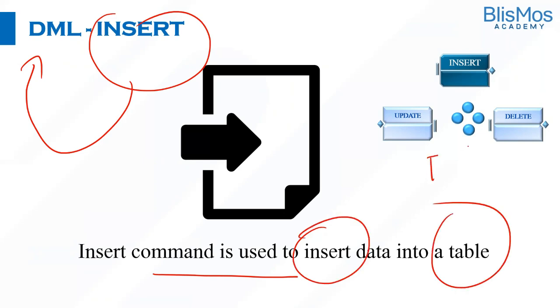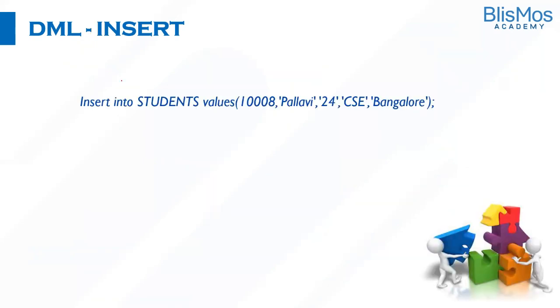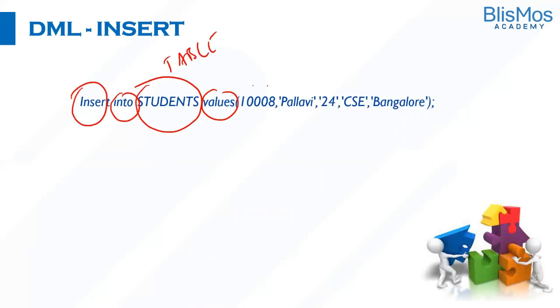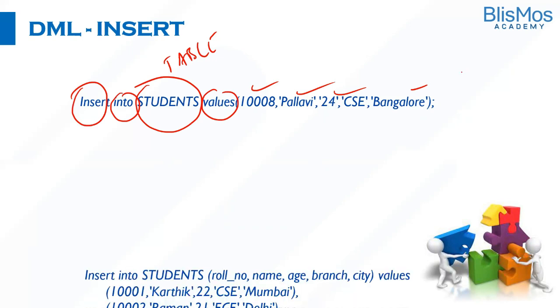You have already created a table. If you want to insert data into the table, that is when we use the insert command. How do we insert? You say insert into, provide the name of the table, and provide the values according to the schema of the table. Either you can insert one record or you can insert multiple records like this.